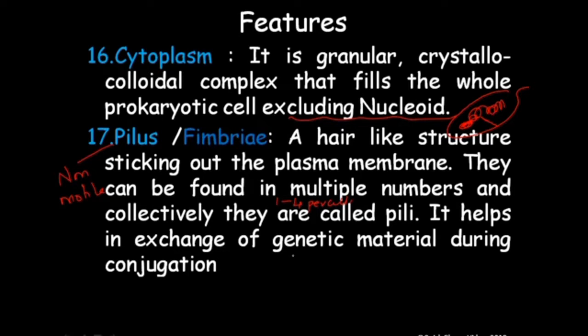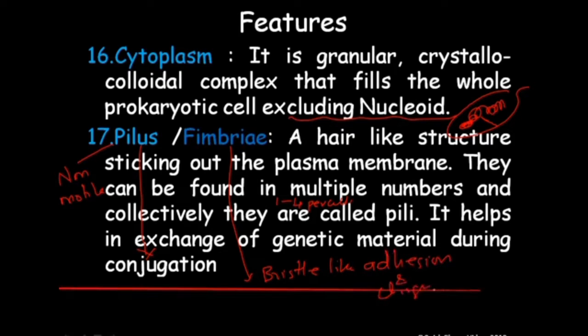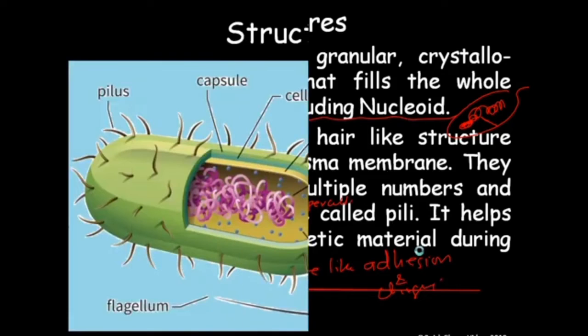The pilus helps in exchange of genetic material during conjugation, and fimbriae are more bristle-like and help in adhesion and clinging of the bacteria to surfaces. So this is the slight difference between pilus and fimbriae.